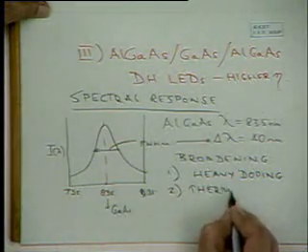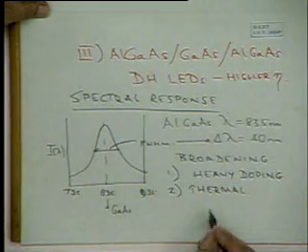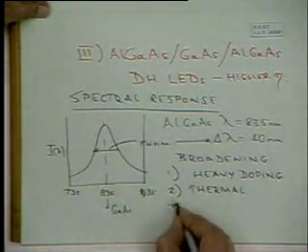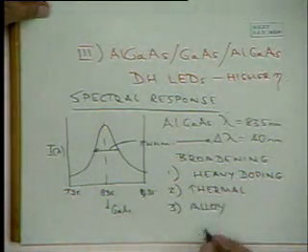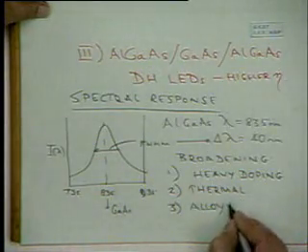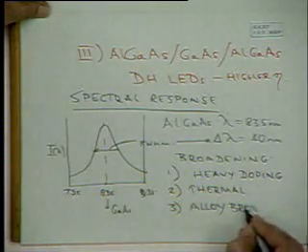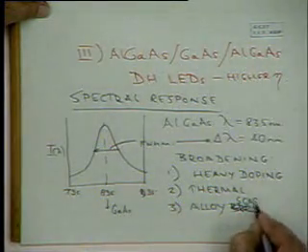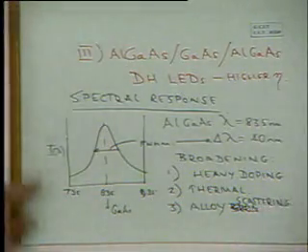There is thermal broadening due to the distribution of energies of the carriers, and in the case of ternary materials, say gallium arsenide phosphide, you have alloy broadening. Alloy scattering also contributes to broadening.